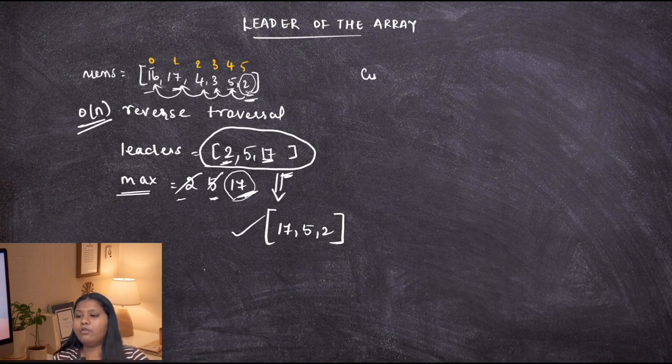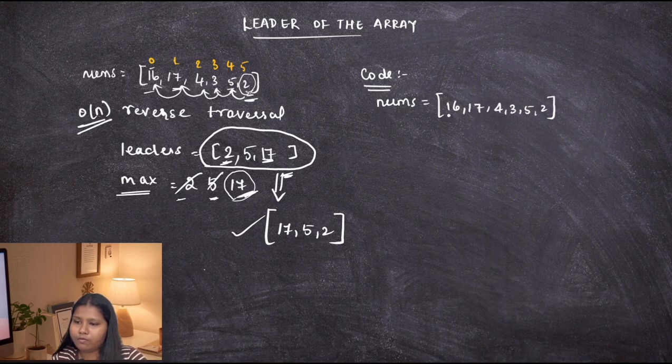So let's see how to code this. First, initialize the array. This is the array: 4, 3. Now, compute the length of the array. Now have the max variable.